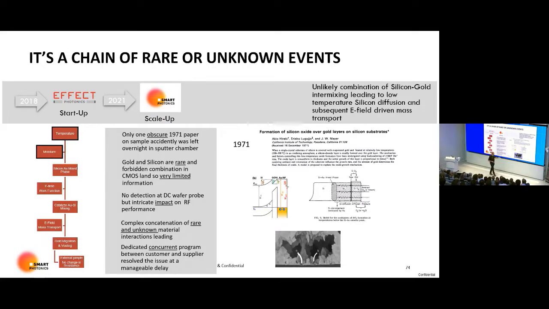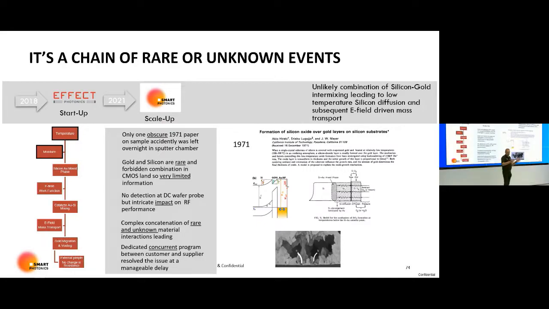What happened was, and there's only one obscure paper I found, this guy left his silicon wafer with a gold layer overnight in his sputter chamber, and the chamber was heated to prevent moisture absorption on the sidewalls.